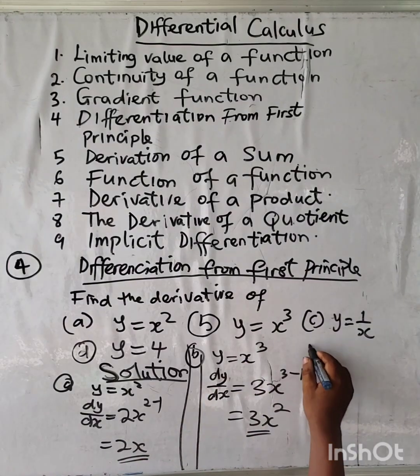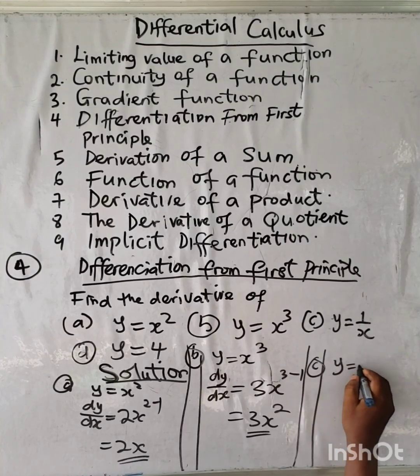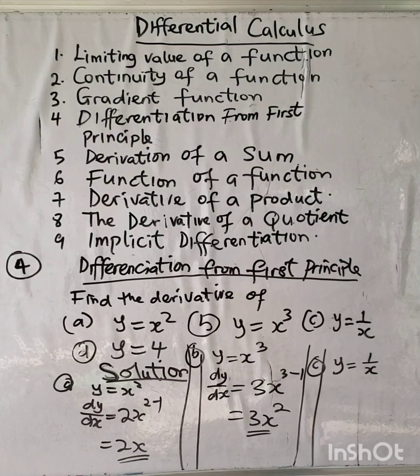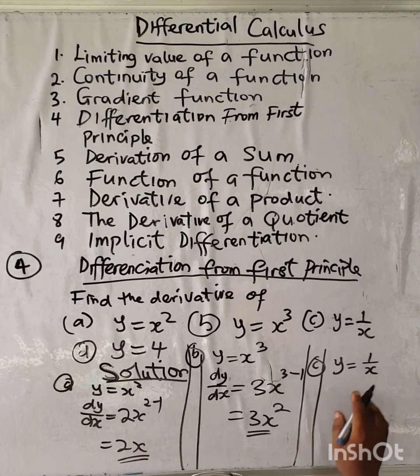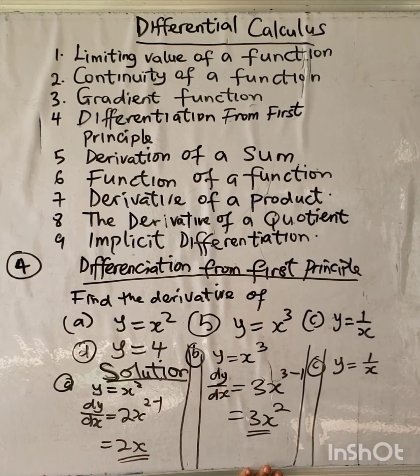For c, we have y equals 1 over x. There is no way we can differentiate this as it is. What are you going to do? Remember, when we have 1 over a, it can be written as a raised to power minus 1. To eliminate the negative index, this will become 1 over a.